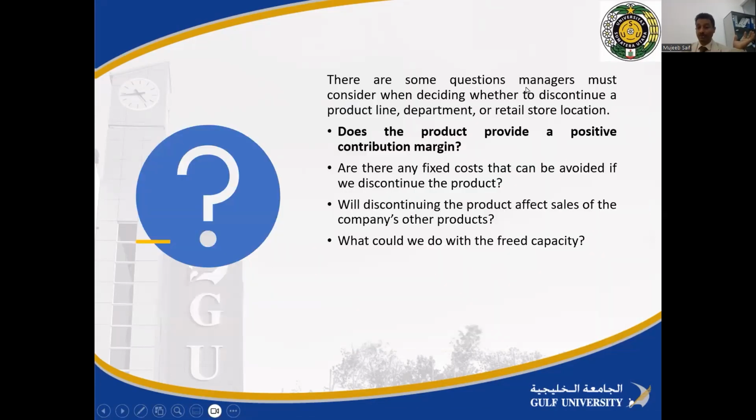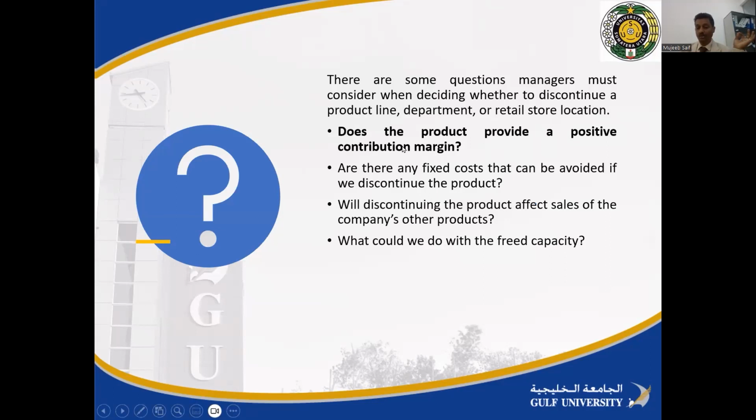So there are some questions managers must consider when deciding whether to discontinue a line or department or store. Does the product provide a positive contribution margin? Before you think about closing any production line, you should see how the contribution is.